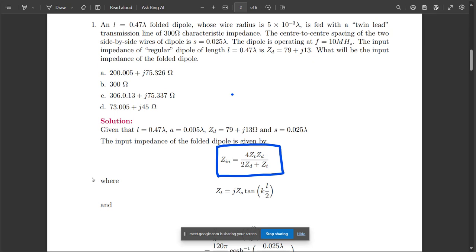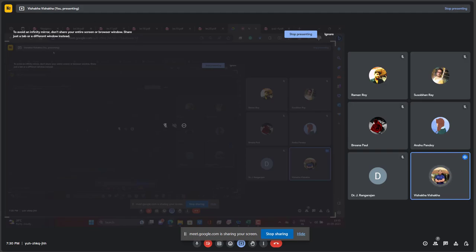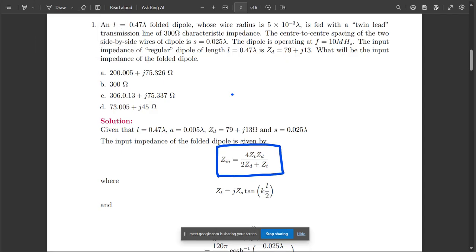Are you done, guys? Chalo, we'll try to solve it.